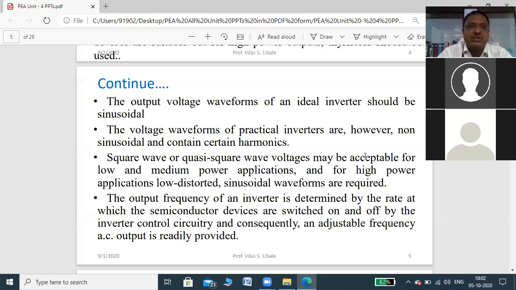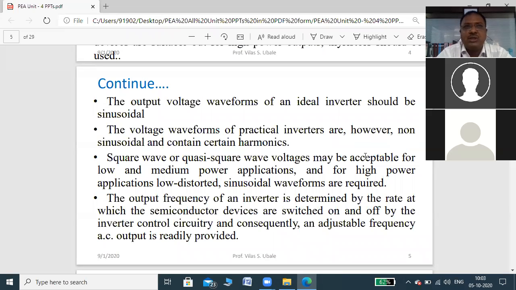For home applications or other office applications, inverters which produce a square wave or quasi-square wave are acceptable. The voltage waveform of practical inverters is, however, non-sinusoidal and contains certain harmonics.